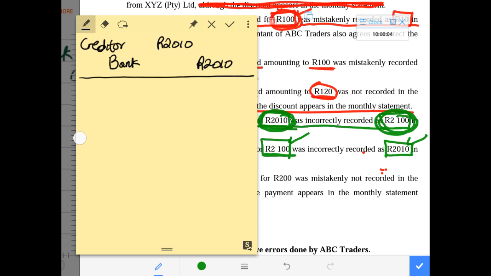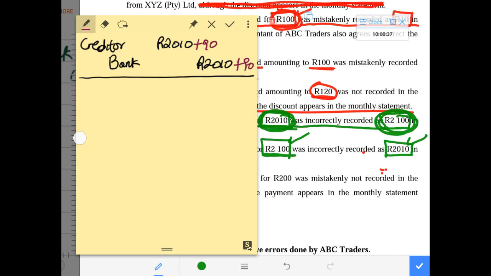Then the minute what was recorded is smaller than what was supposed to be, you don't change your journal entries. You just adjust your journal entries in terms of the figures, increase the amounts that were recorded. So in this case, we just have to increase by 90 rand because our creditor was under reduced and our bank was under reduced.